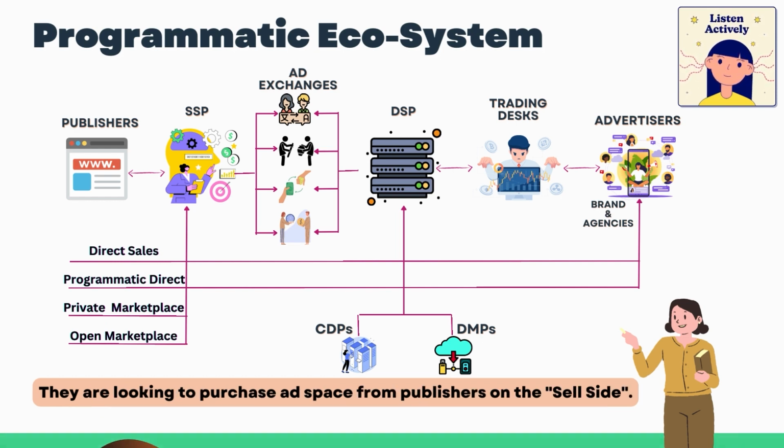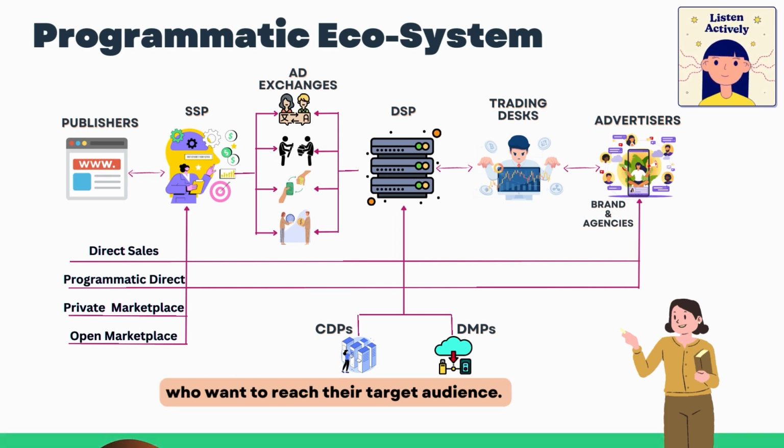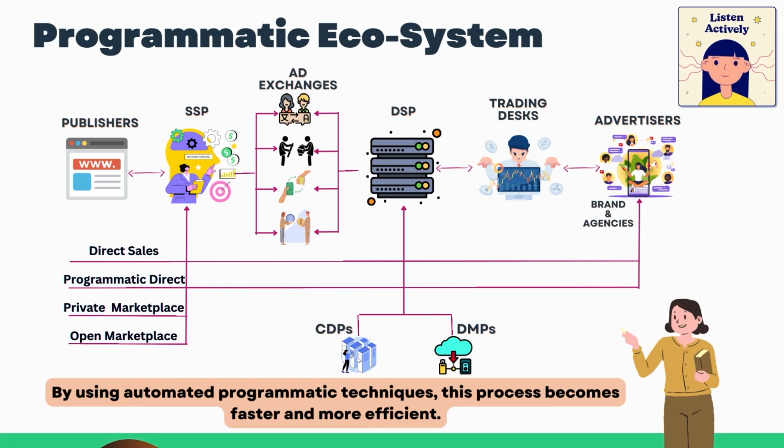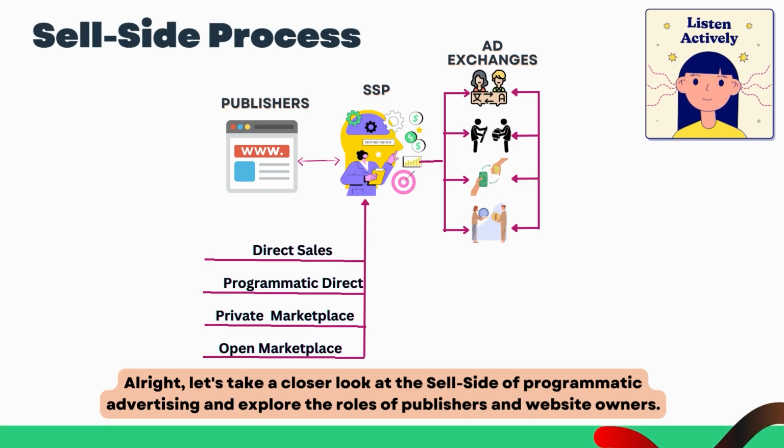They are looking to purchase ad space from publishers on the sell side. So, in simple terms, the programmatic ecosystem is all about publishers selling ad space to advertisers and agencies who want to reach their target audience. By using automated programmatic techniques, this process becomes faster and more efficient.